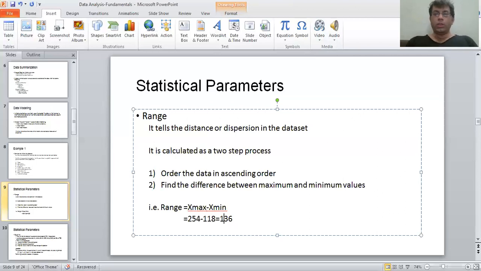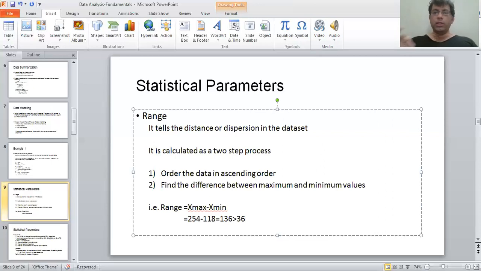Definitely 136 is much greater than the previous range that we determined, which was 36. So what does it mean? 136 means that the dispersion or the randomization or the variations in the values are much higher as compared to the one we solved previously, which gave us the range of 36.